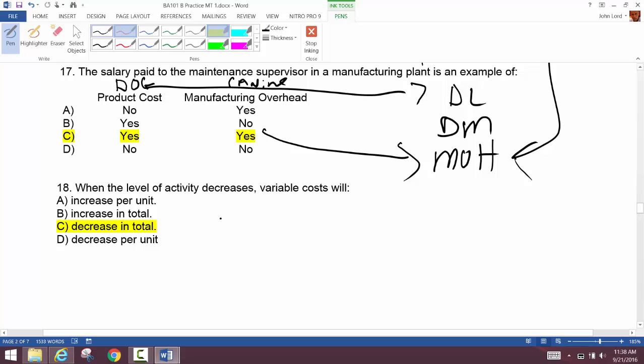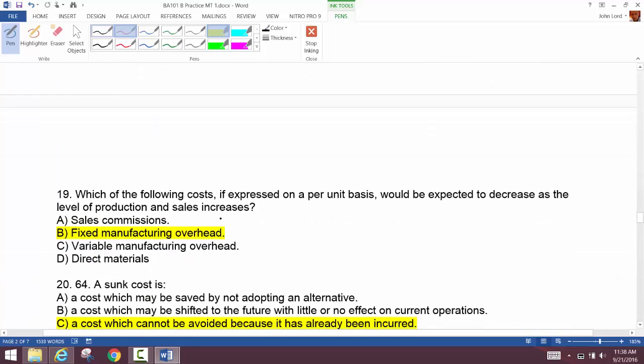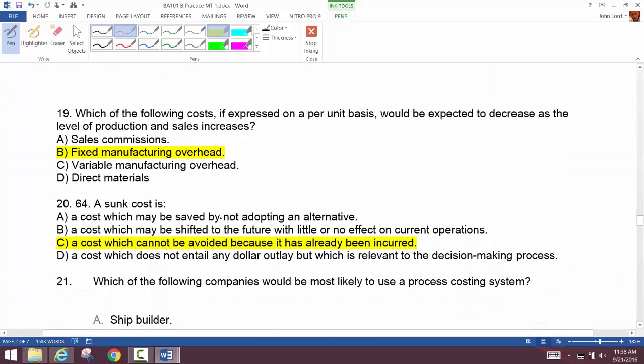Okay, when the level of activity decreases, variable costs will decrease in total, right? Not per unit. Per unit, they stay the same regardless of the level of production, up or down. Okay, good. Which of the following costs expressed on a per unit basis would be expected to decrease as the level of production increases?